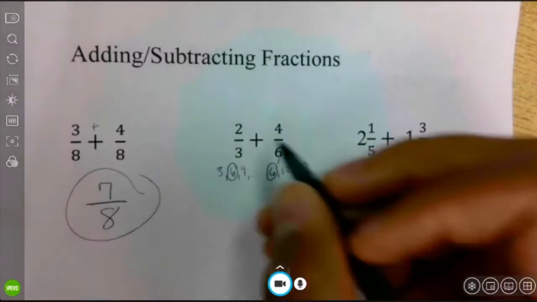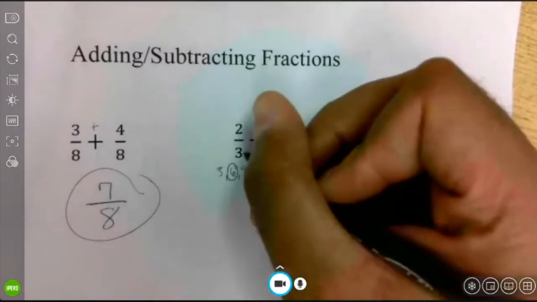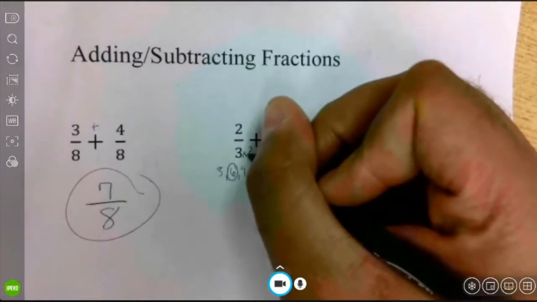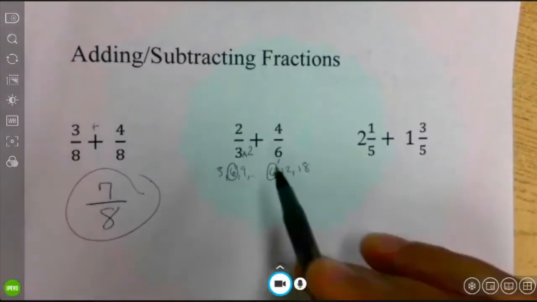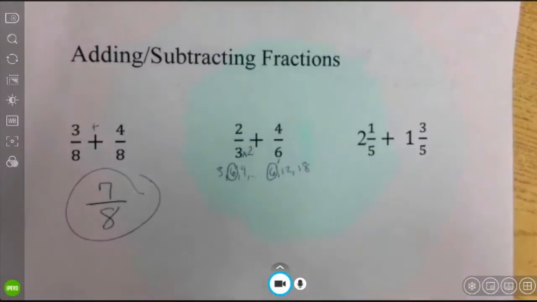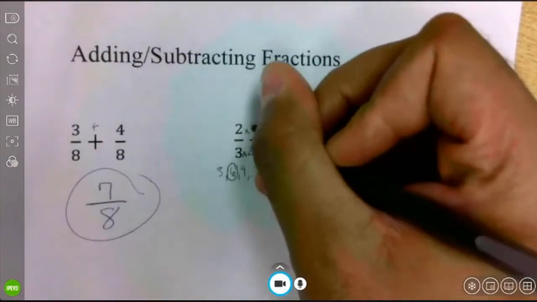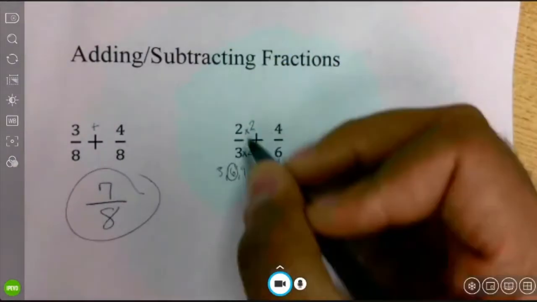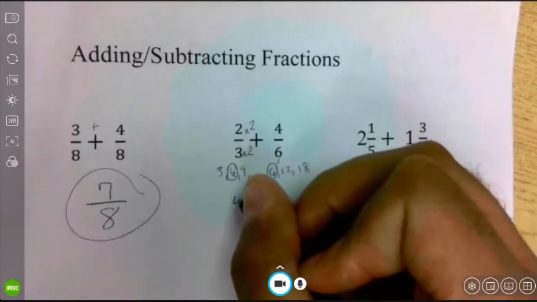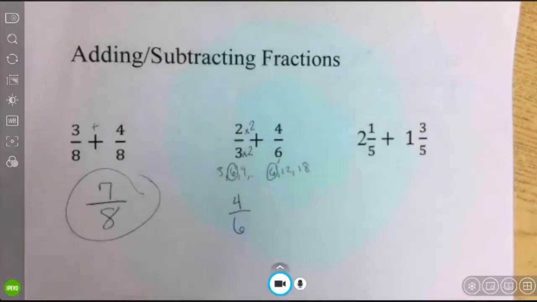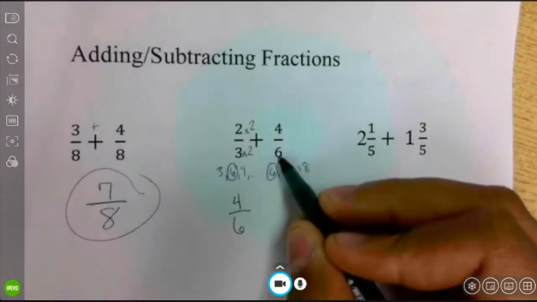So we'll have to change this number to 6, and to do that, we times this denominator by 2. And whatever you do to the bottom, you must do to the top. So we have to times the numerator by 2. So this becomes 4/6.